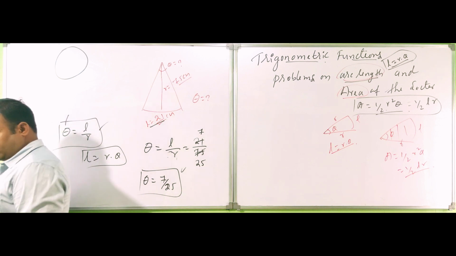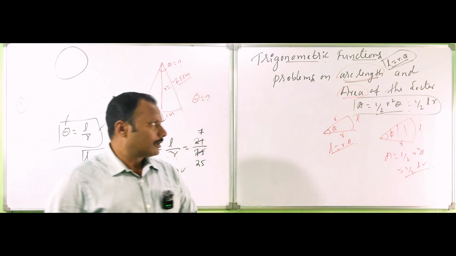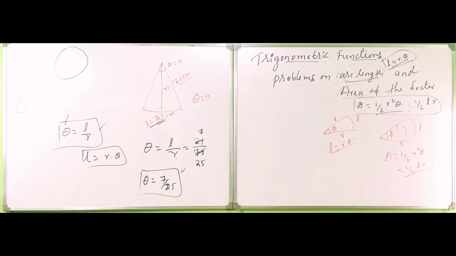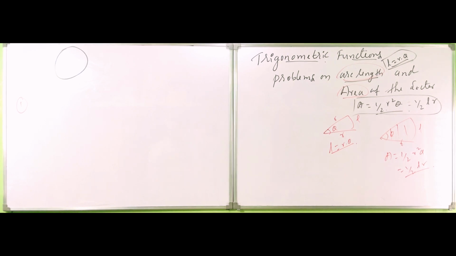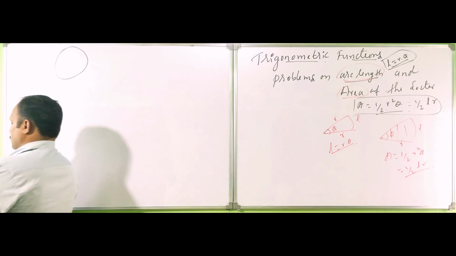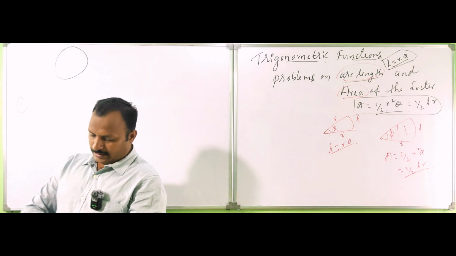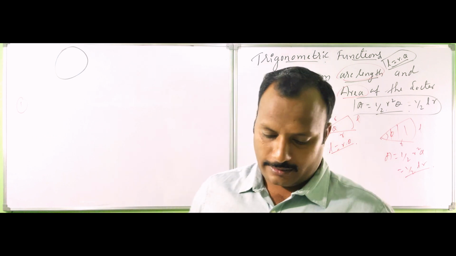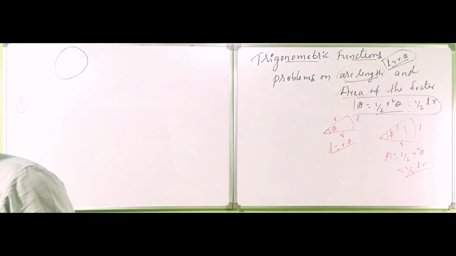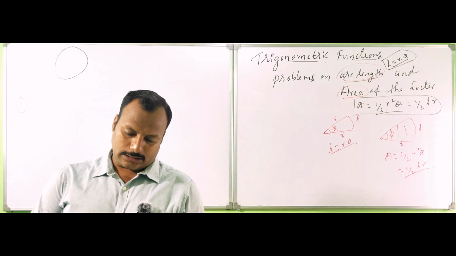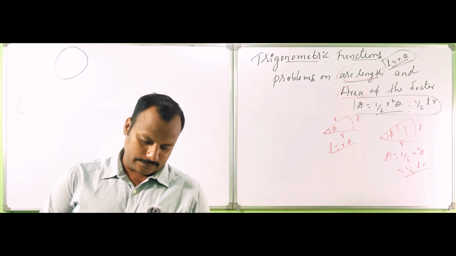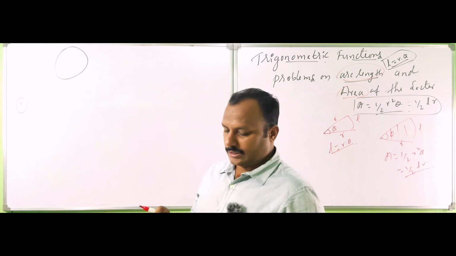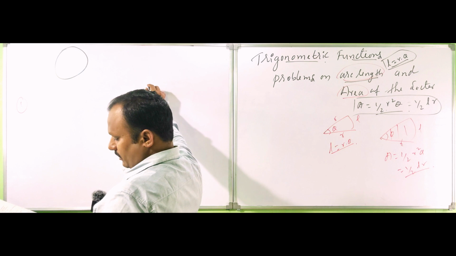Next question: find the radius of a circle in which a central angle of 60 degrees intercepts an arc of length 37.4 centimeter. You have to find the radius of the circle.